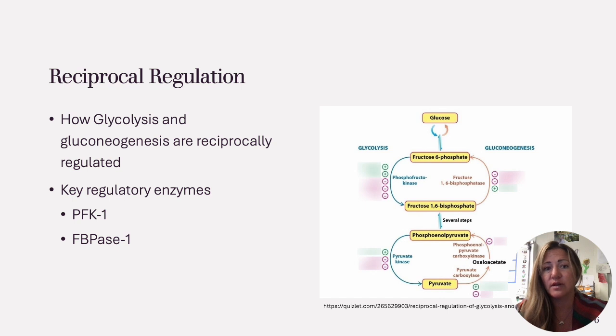Those would be the ones that are now deactivated. Enzymes like PFK1 in glycolysis and FBPase1 in gluconeogenesis play opposing roles, helping control the metabolic flow based on the cell's energy status, whether they have high energy or low energy.